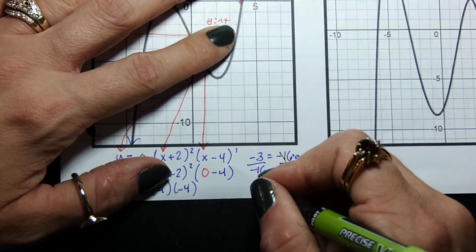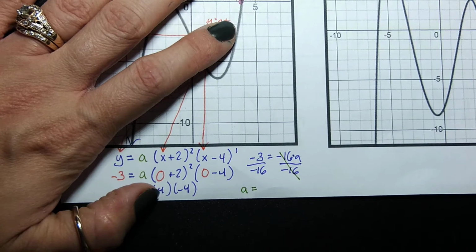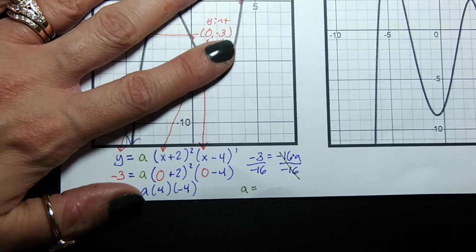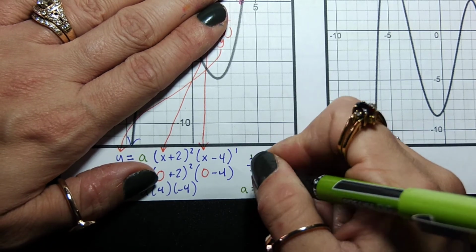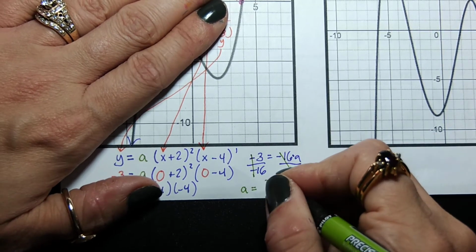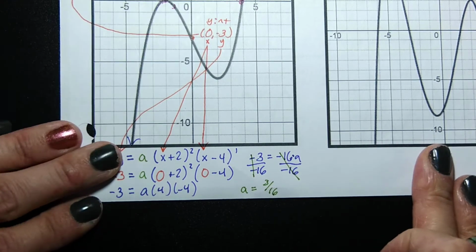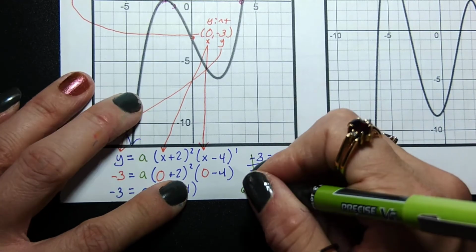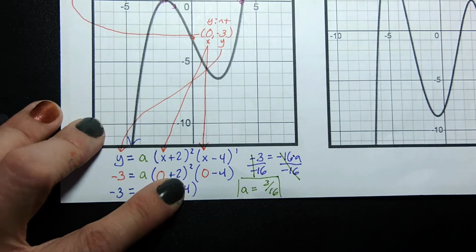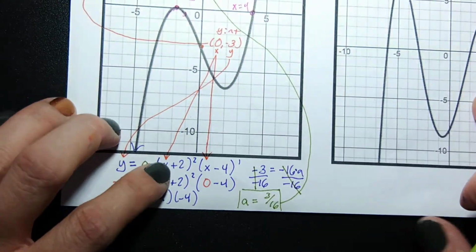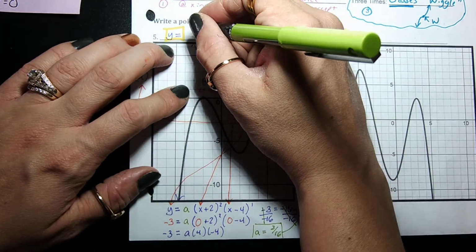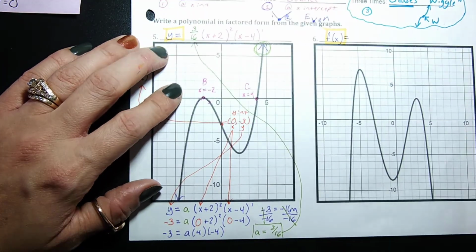So goodbye. And a equals, are we going to leave that as -3 over -16? What are we going to do with those negatives? Simplify. They change positive, and we get 3/16 is our a value, which we can now, man, there's a lot of arrows on here, we can now bring that up to our equation as the leading coefficient.